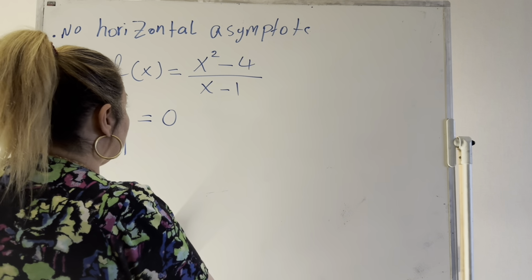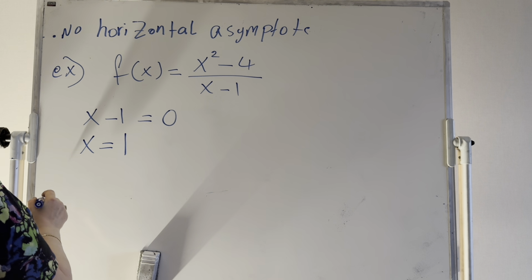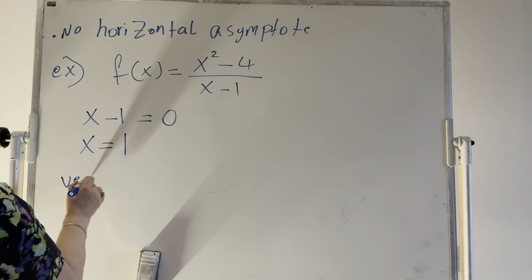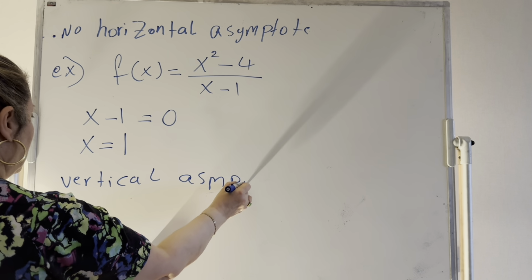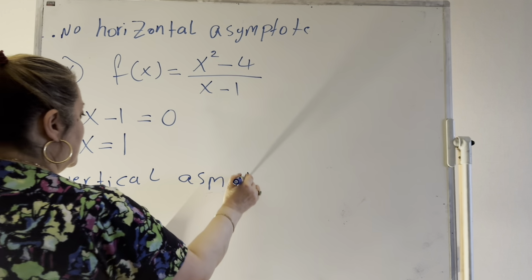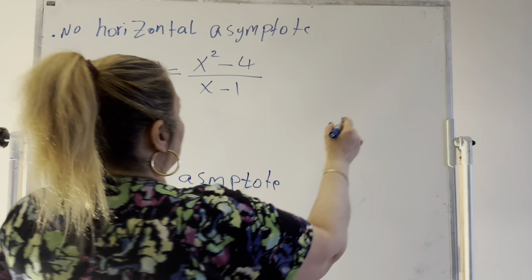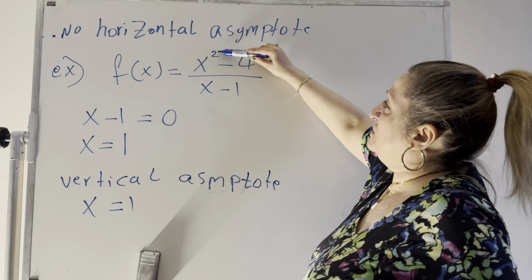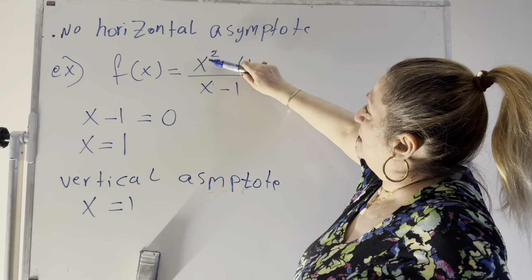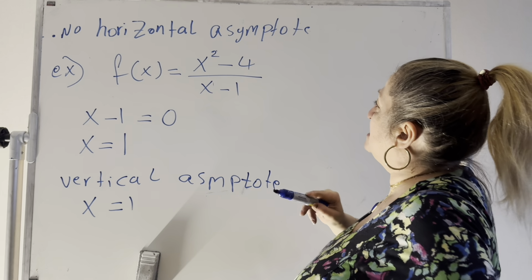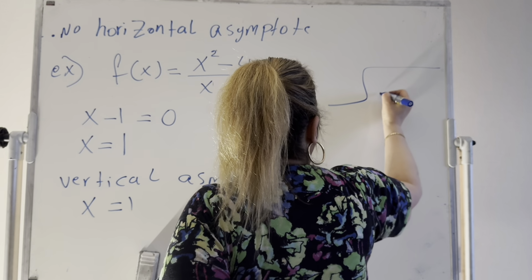This is a number not equal to 0. It means the function has a vertical asymptote when x equals 1, and because the degree of the numerator is larger than the degree of the denominator, it's x squared here and x to the power 1 in the denominator, so I can do a long division.